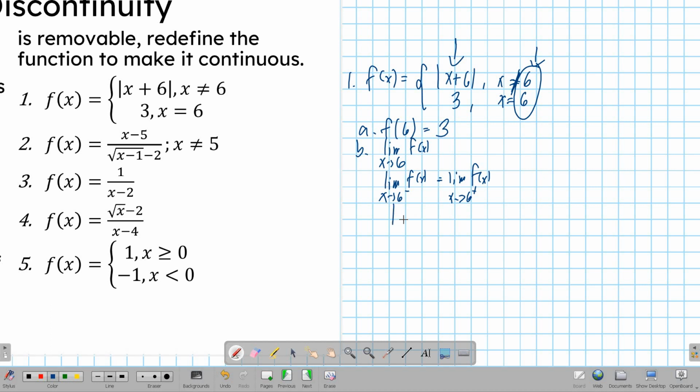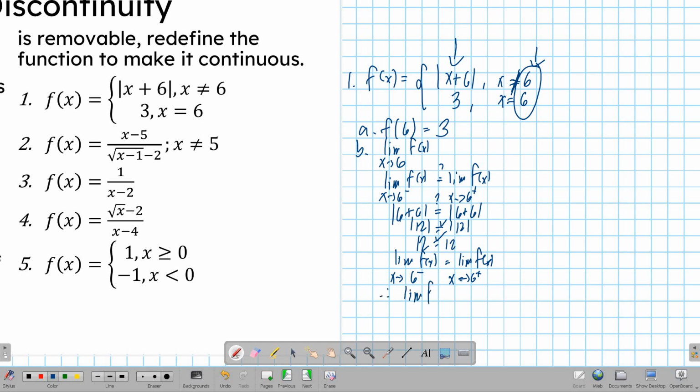So we're going to have the absolute value of 6 plus 6 equal to the absolute value of 6 plus 6, which is the absolute value of 12, which is equal to 12. Hence the limit of f of x as x approaches 6 from the left is equal to the limit of f of x as x approaches 6 from the right.